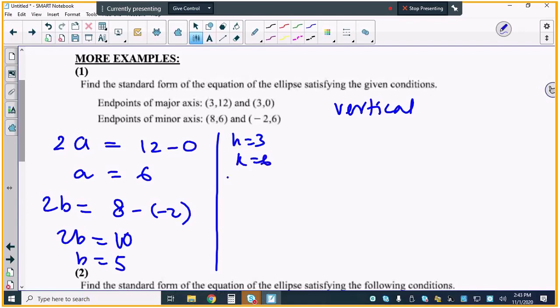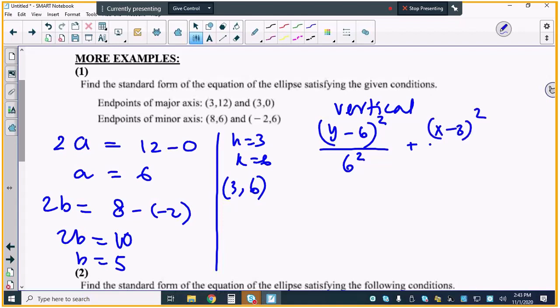So the center is at 3, 6. It means that the ellipse is going to be of the form y minus 6 whole squared, and remember, the major axis is the y-axis, or the vertical axis. So a squared, which is 6 squared, plus x minus 3 squared over the minor axis b, so 5 squared, equal to 1. And we are done with the standard form of this ellipse.